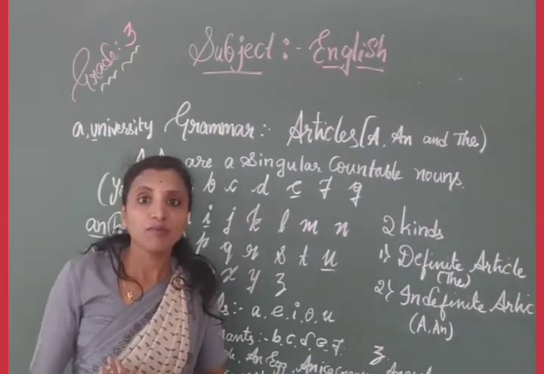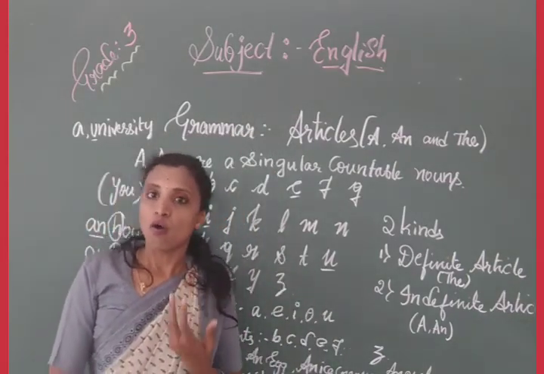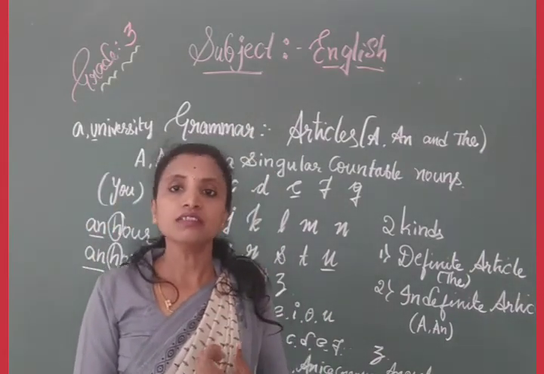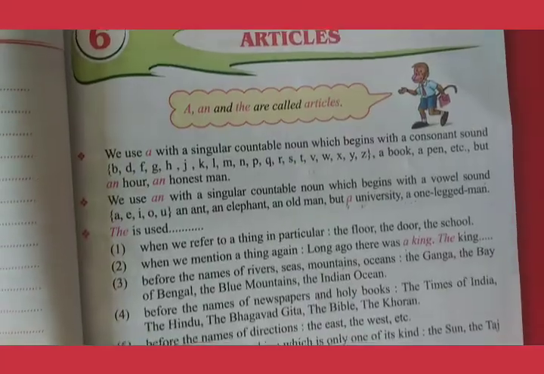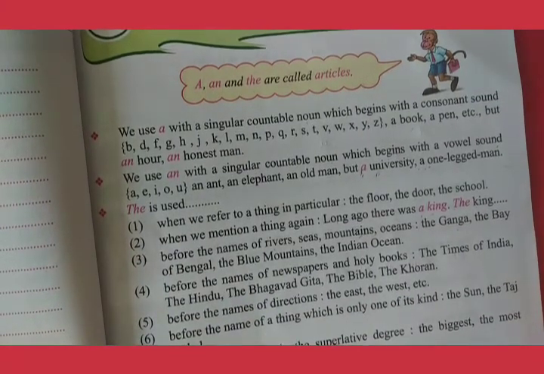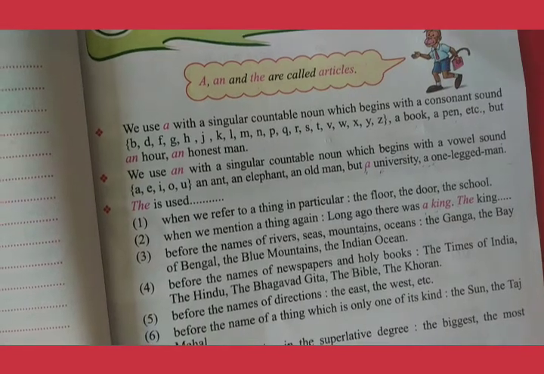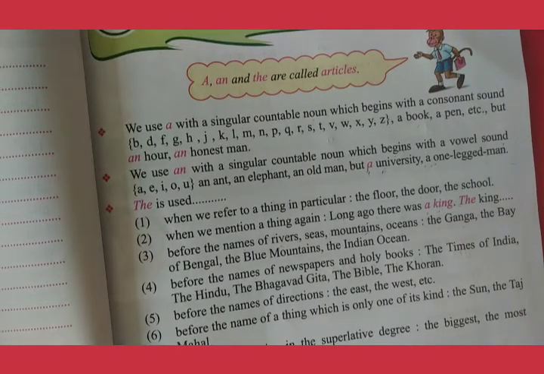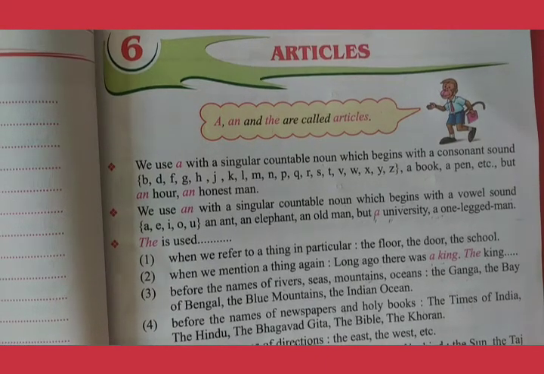Now we move to the exercise part. Okay, dears, all of you open your English grammar textbook, page number 37, chapter 6, articles. We know that a, an, the are called articles.